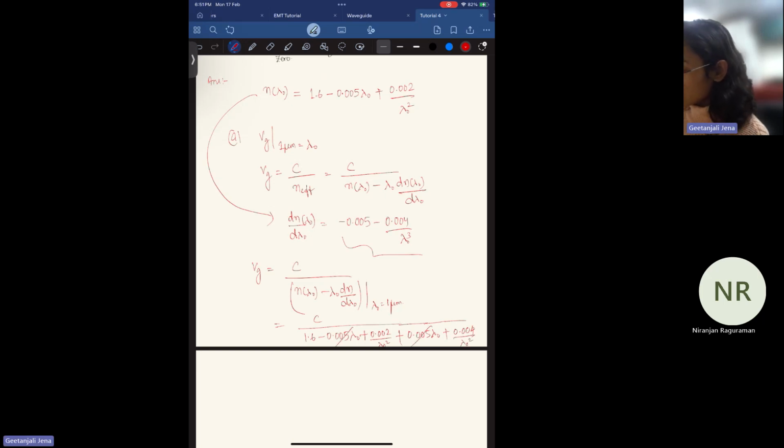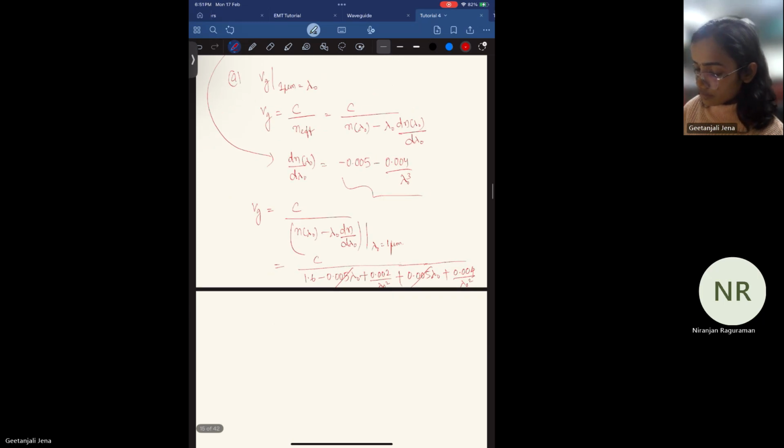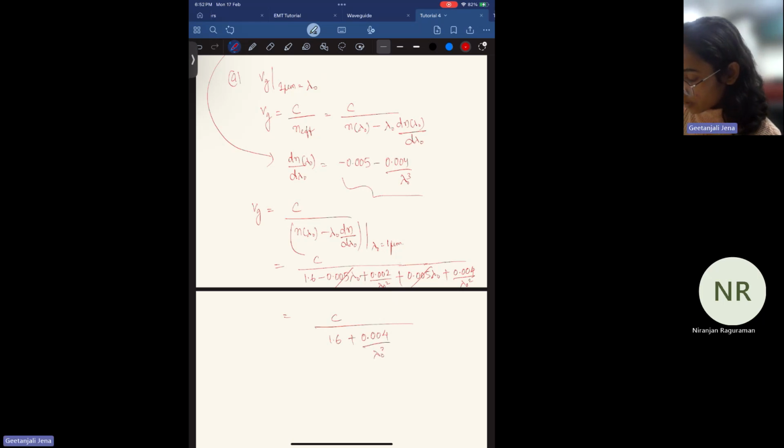So this will cancel. This will give C over 1.6 plus 0.004 lambda 0 square. So lambda 0 is 1 micrometer.